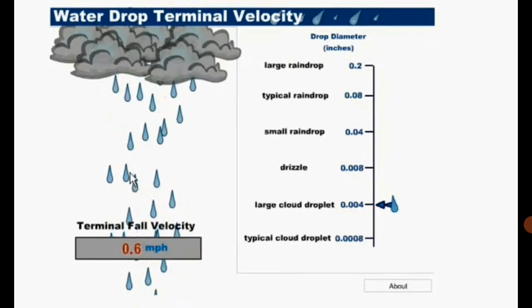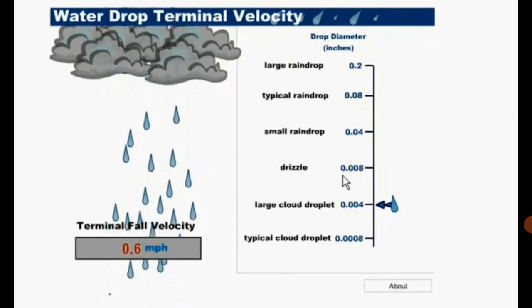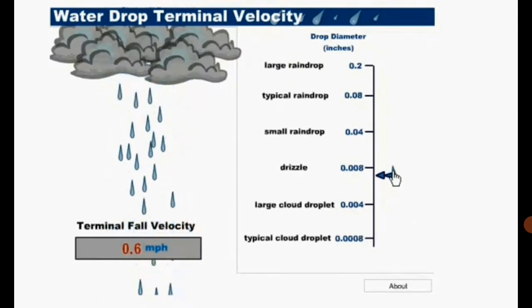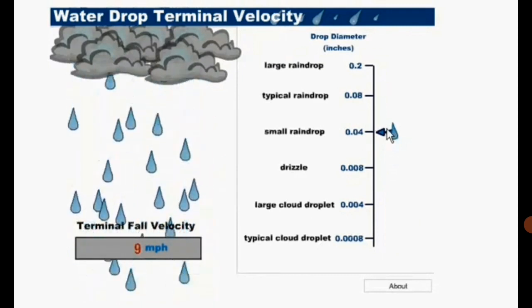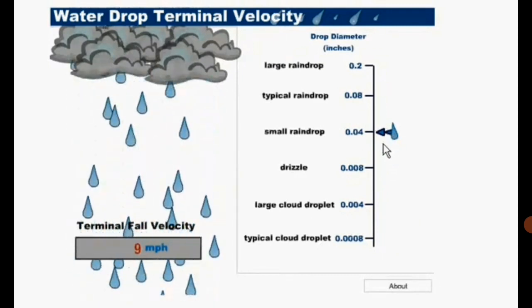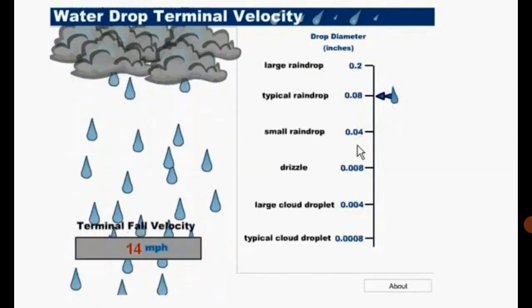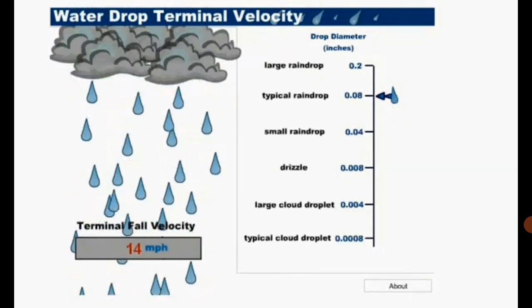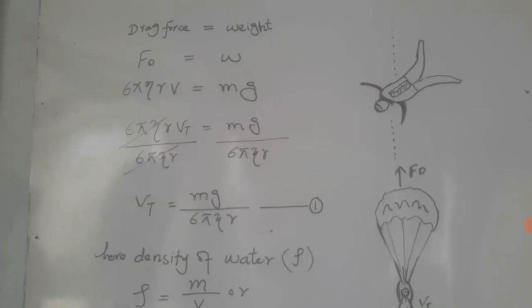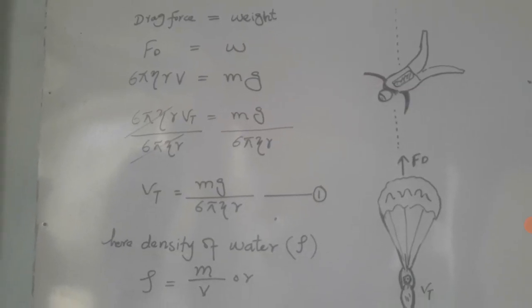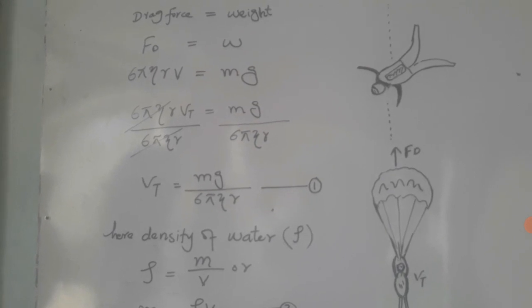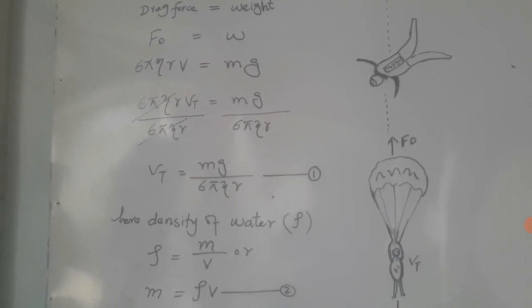As it moves downward, its speed increases to 0.6 meter per hour, and moving more downward, it reaches 1.69 meter per hour and 14 meter per hour. So it means that at 14 meter per hour its speed is maximum. So here the other force which is called drag force is acting on the drop. Here the drag force is equal to the weight of the drop, and Fd is equal to W.